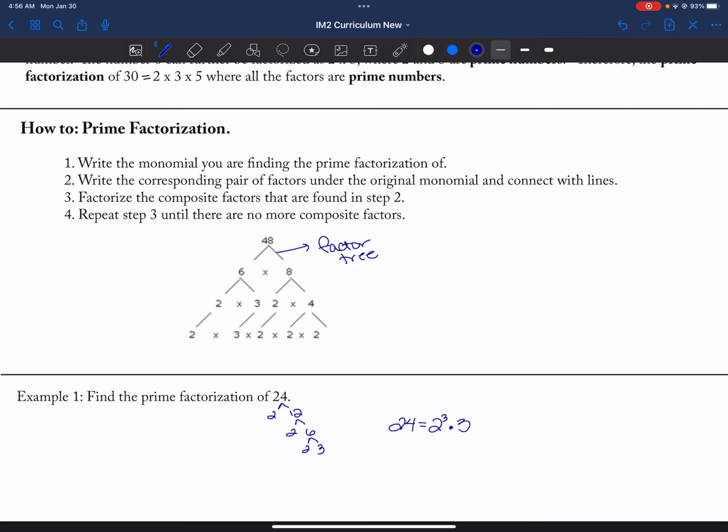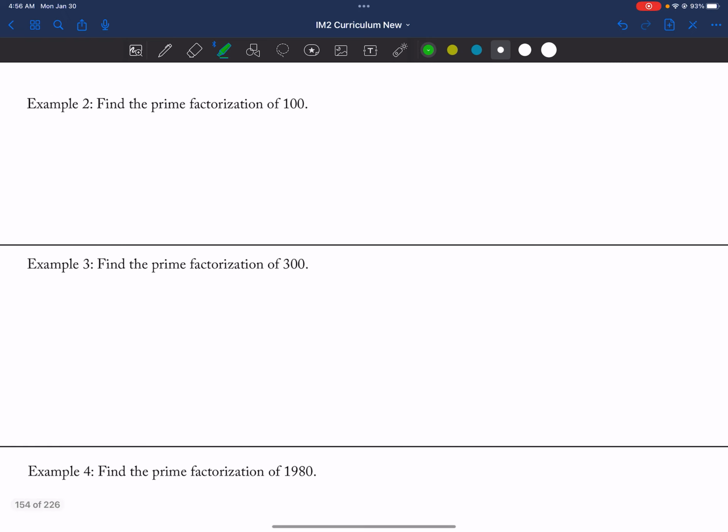It's just however I'm feeling at the moment, to be honest. So there's three 2s, so it's 2 cubed times 3. Okay. And then prime factorization of 100. So 2 and 50, 2 and 25, 5 and 5. So then 100 is the same thing as 2 squared times 5 squared.